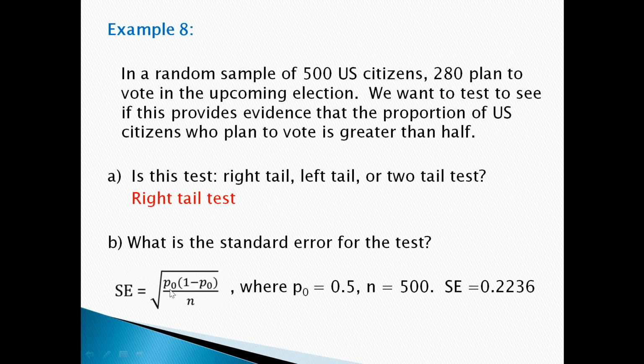So I have to use the null in this case. P0 is half. And N is the total number in my sample. So N is 500, P0 is half. You plug in these values and you'll get the standard error to be 0.2236.